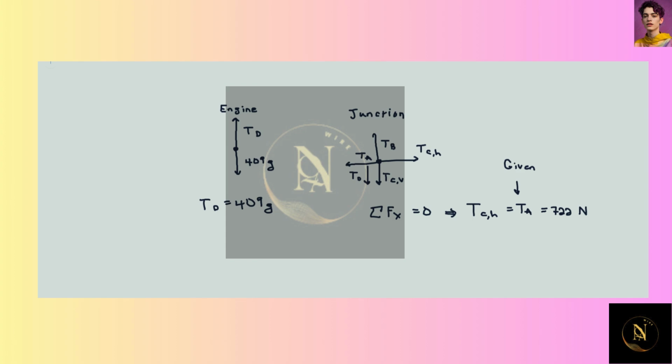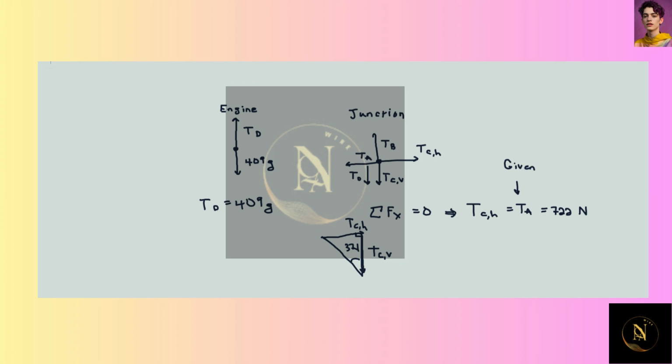Now we need to figure out, given the tension in C horizontally, what is the tension in C vertically? To do this, I'm going to draw a triangle of the two forces. This rope is T_CH, and this vector is T_CV. I know the angle here is 37.1 degrees.